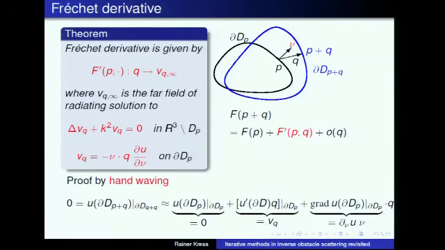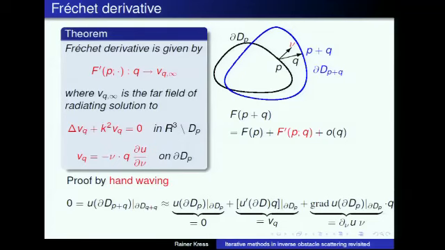It is kind of comparing the far field pattern for a domain with a boundary surface parameterized by P and for the surface with parameterization P plus Q in this sense here. And then the derivative is a linear map taking Q into a far field pattern. And this is a far field pattern again for the Helmholtz equation in the exterior of the original domain, satisfying the radiation condition.